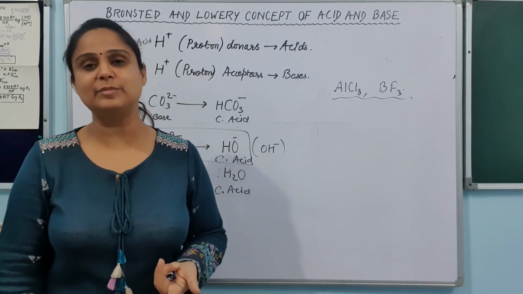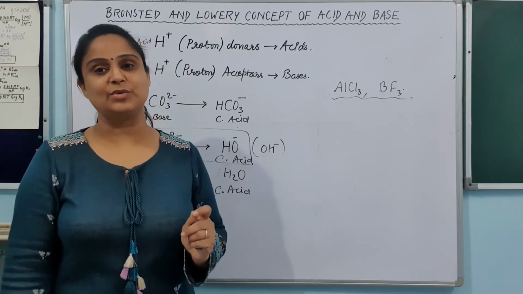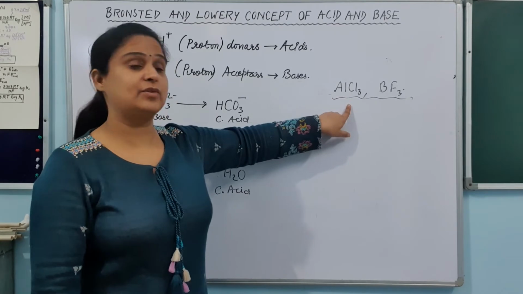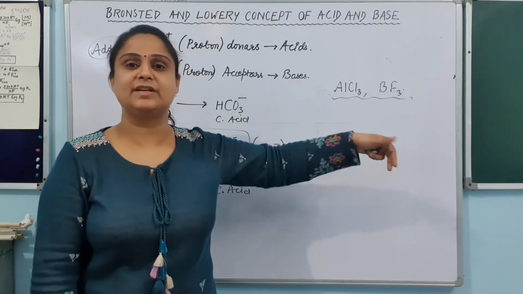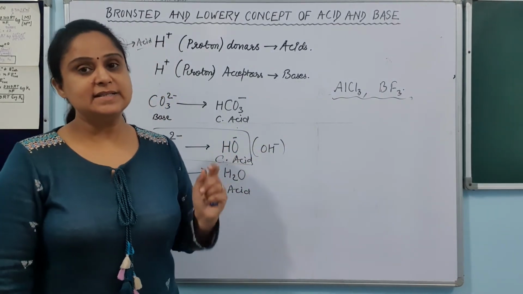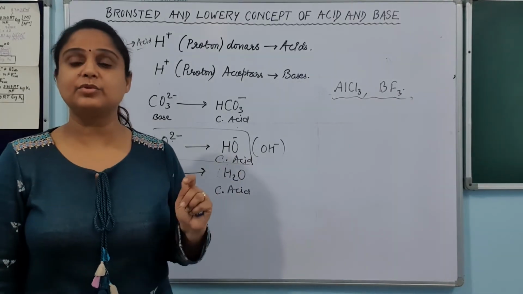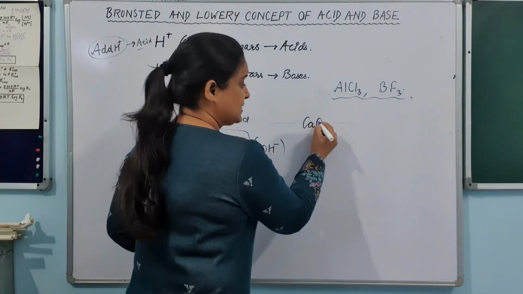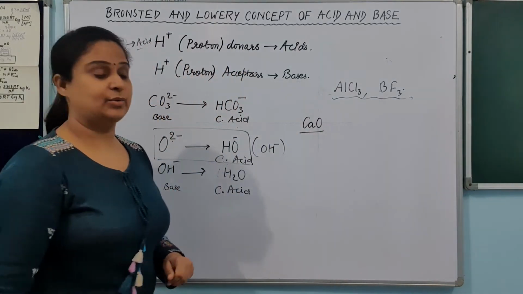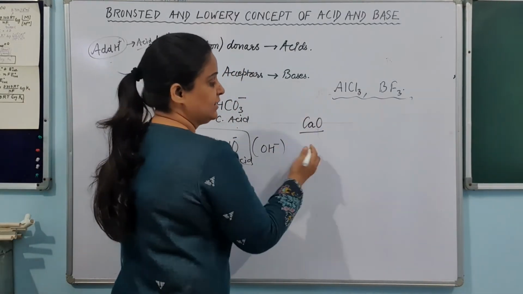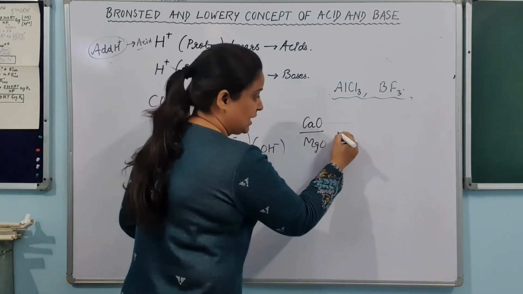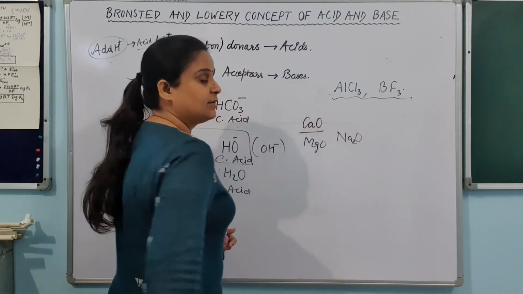So in the next video we will be discussing Lewis acid and Lewis base concept, which can explain even the behavior of AlCl3 and BF3 as an acid. Same way, this Bronsted-Lowry concept could not explain the basic behavior of CaO, that is, basic oxides like MgO and like Na2O.